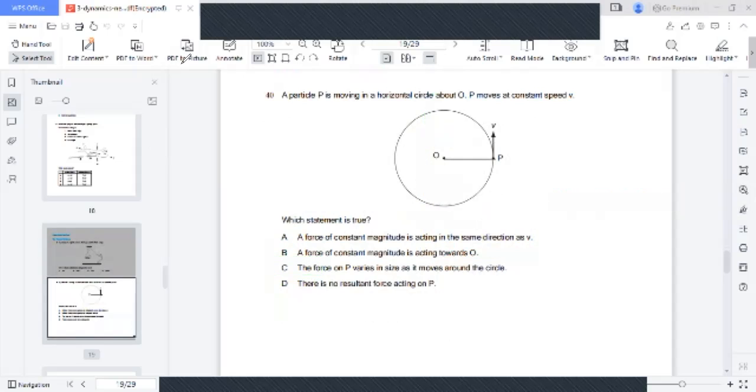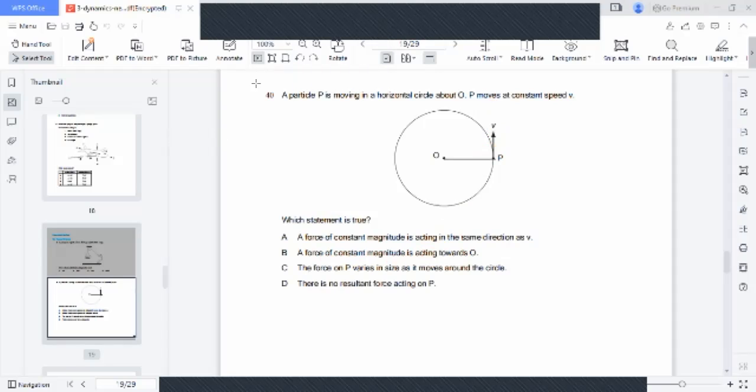A particle P is moving in a horizontal circle O. P moves at a constant velocity, speed v. Which statement is correct? A force of constant magnitude is acting in the same direction as v. It means there is a constant force parallel to this. A force of constant magnitude is acting towards this one. Let's draw them one by one.